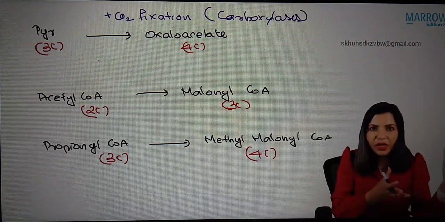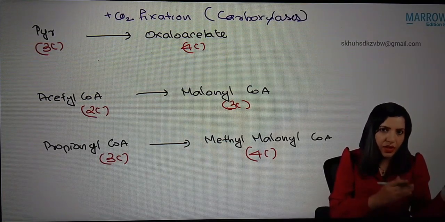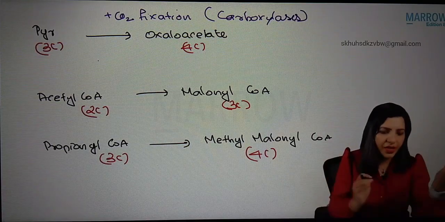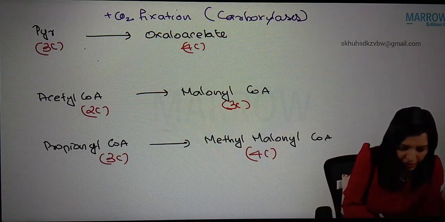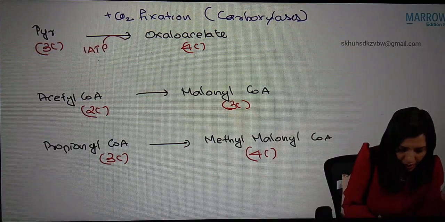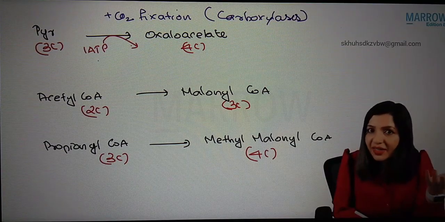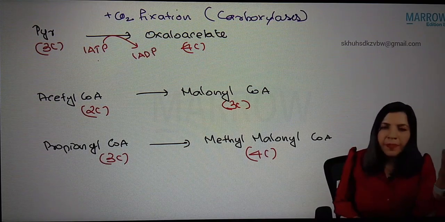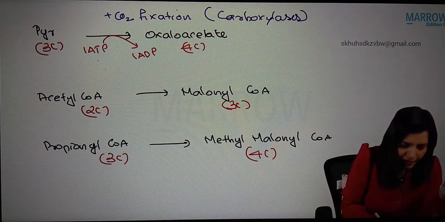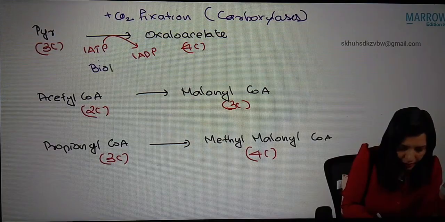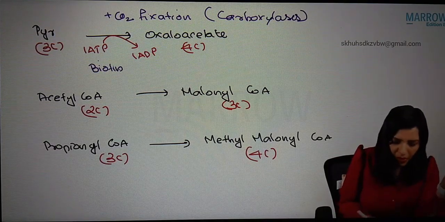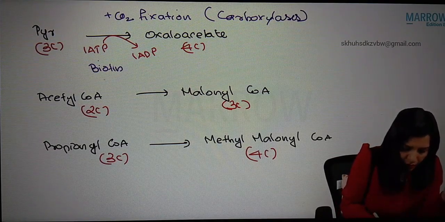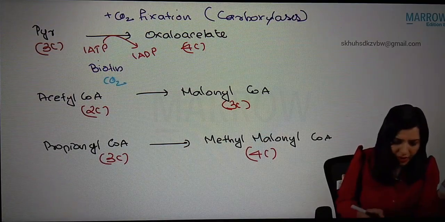It is like adding an extra carbon, 3 to 4, 2 to 3. In all these reactions, 1 ATP is required because ligases require hydrolysis of ATP. It becomes ADP. And the second thing is that they require biotin.